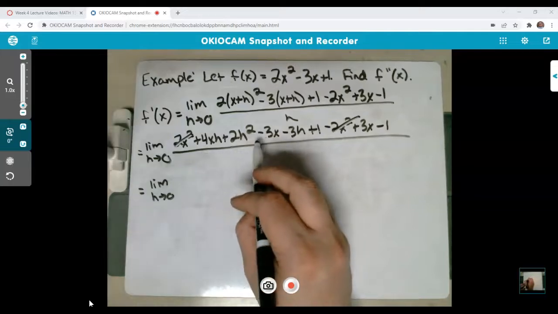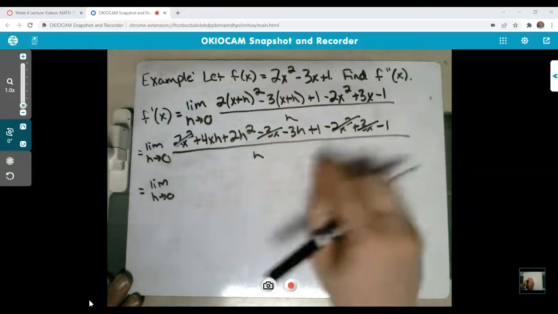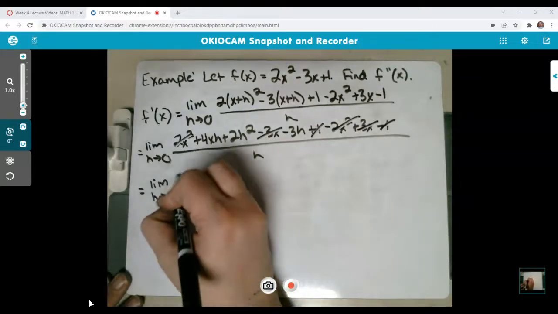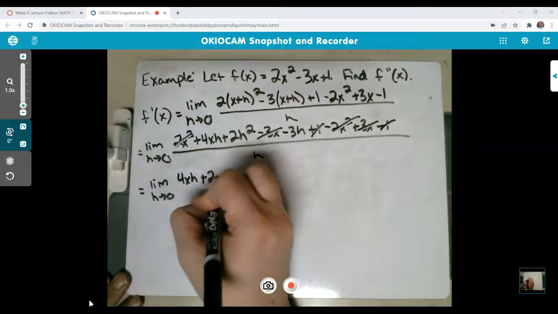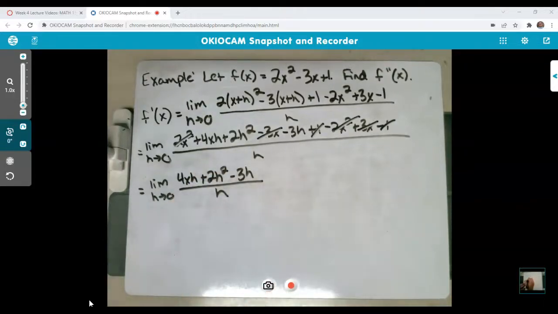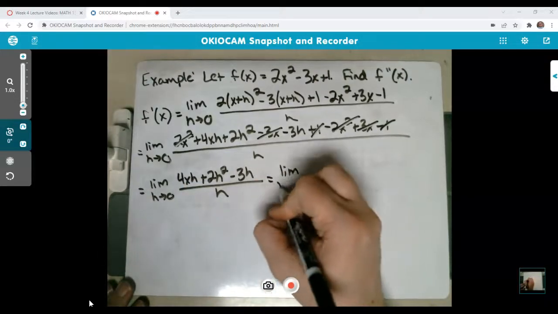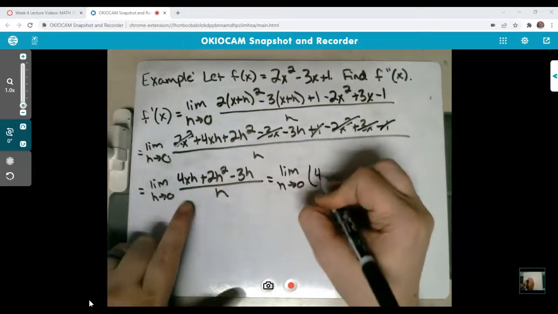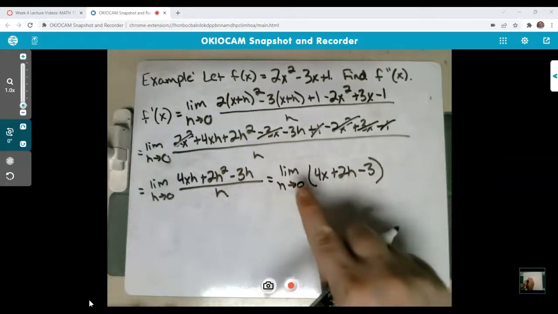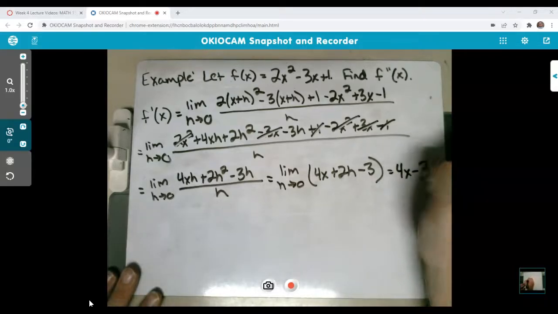Negative 3x plus 3x, those cancel out as well. Positive 1 minus 1, those cancel out as well. So we're left with just 4xh plus 2h squared minus 3h all over h. All of those terms have h, so cancel it out. Limit as h goes to 0 of 4x plus 2h minus 3. Plug 0 in for the h, and you get 4x minus 3.